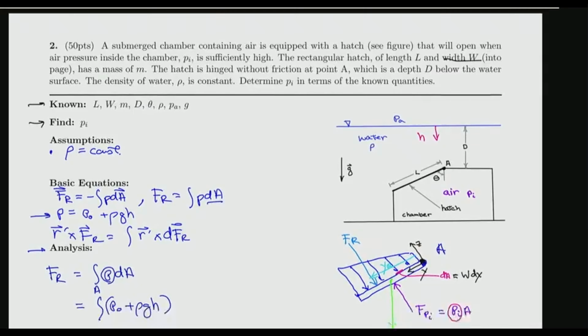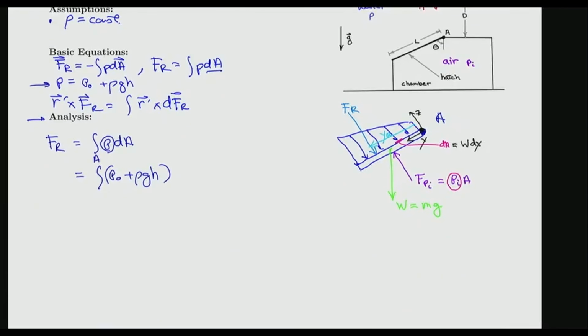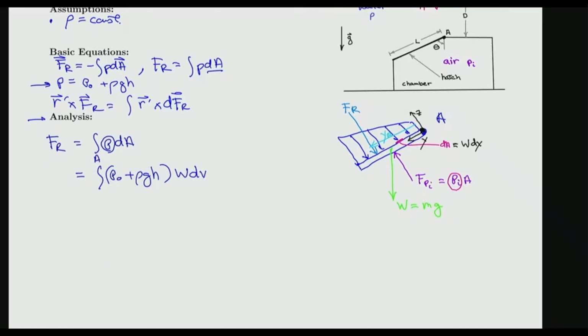So our differential area is w dy. And the y coordinate starts from point A, y equals 0, and we just want to integrate across the surface to y equals L. So the limits would be from 0 to L.